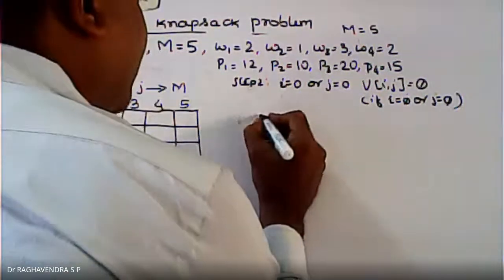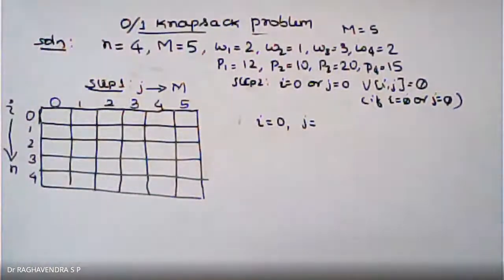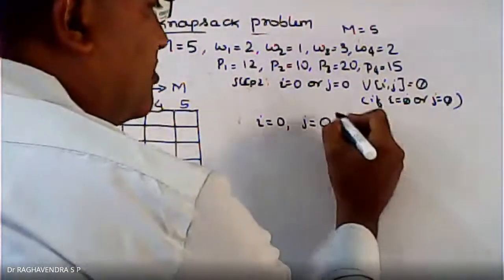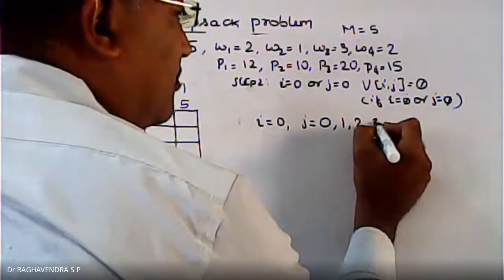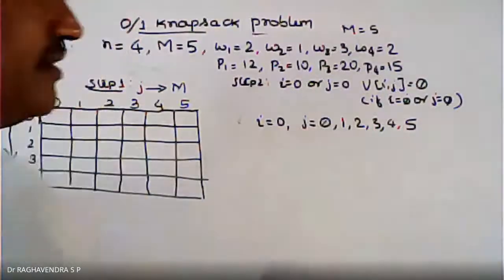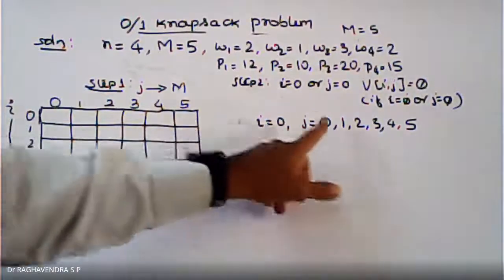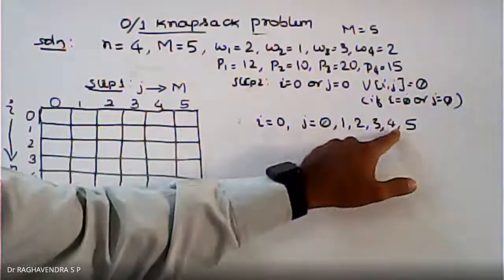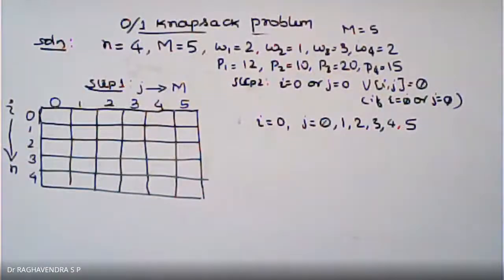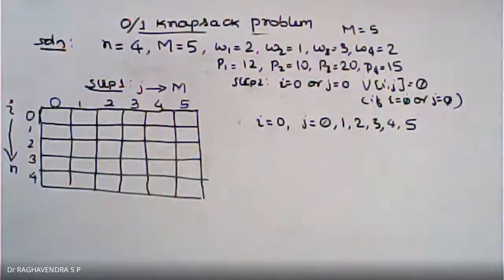Okay, I is equals to 0. So J starts from J is equals to 0, J is equals to 1, 2, 3, up to where does J go? 5. Okay, irrespective of remaining capacity J is equals to 0, 1, 2, 3, 4, 5, the profit V of I, J is equals to 0.